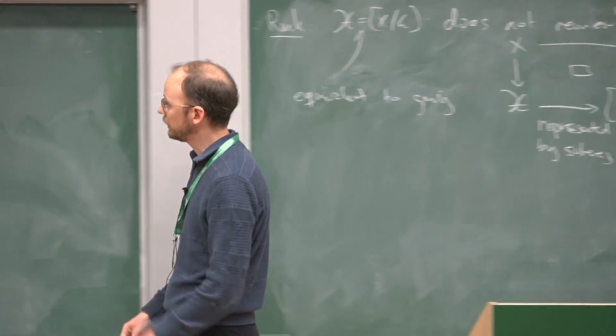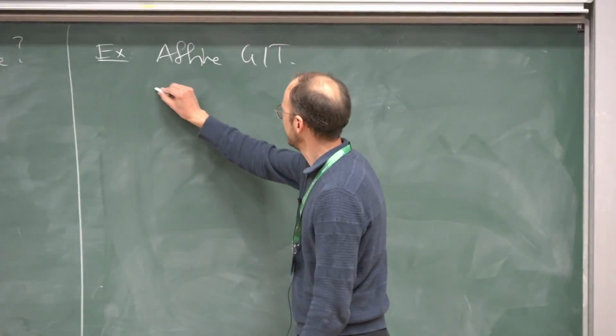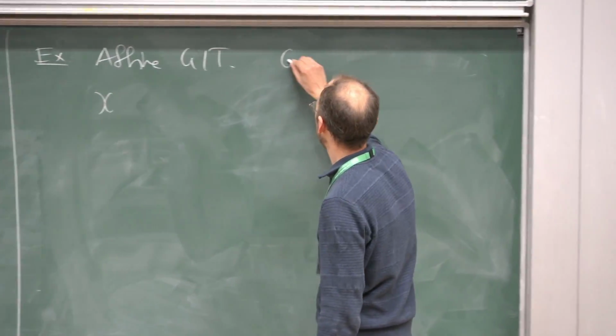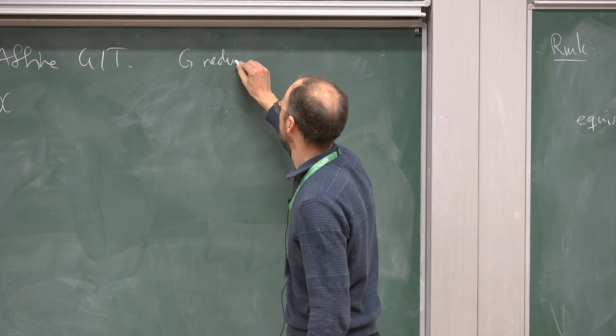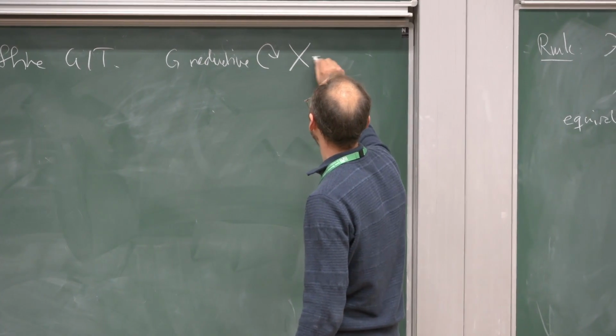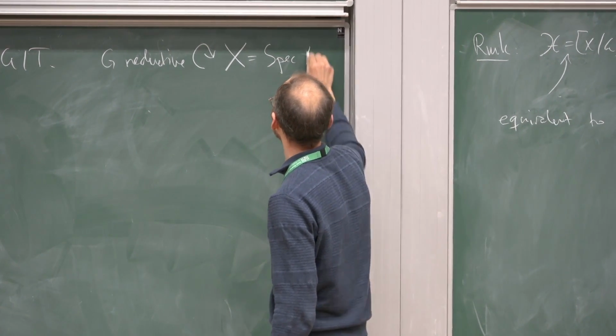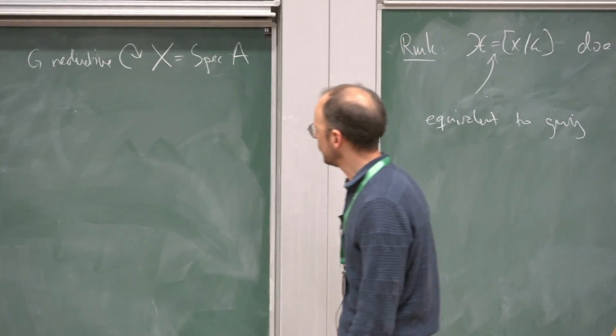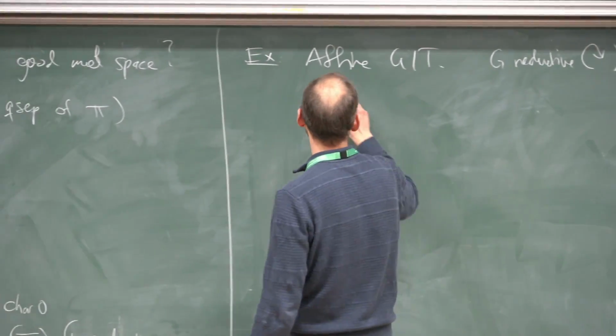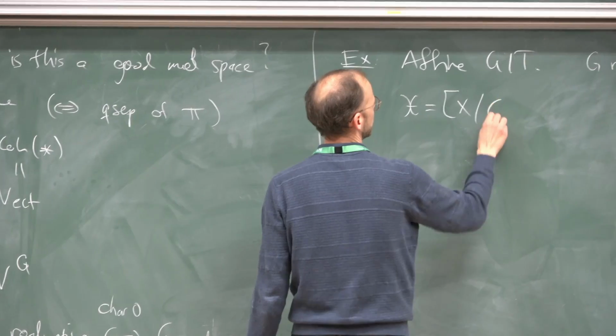So what do we have here? Now I have a reductive group acting on an affine scheme, and I'm again taking X as this quotient stack.